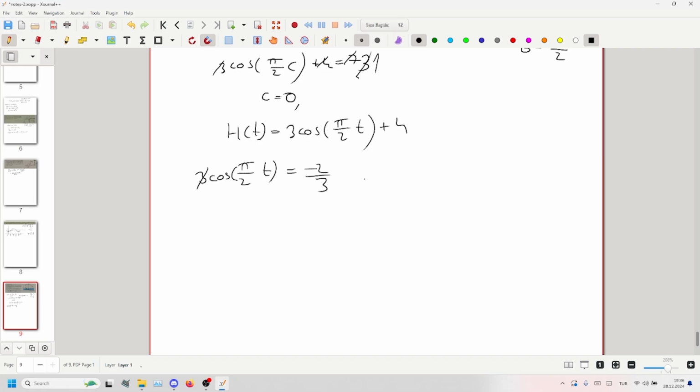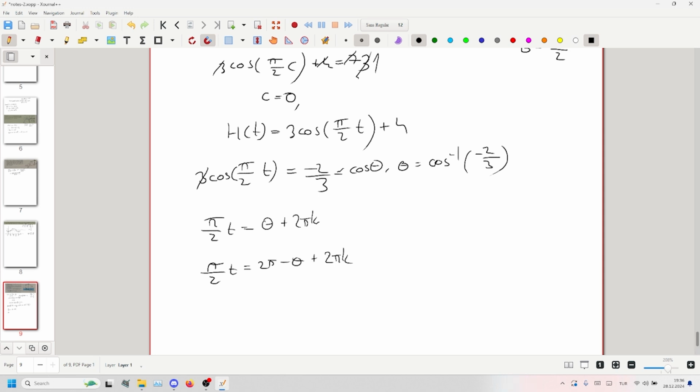So from this, this is going to be equal to the cosine of some theta, where theta is the inverse cosine of negative 2 over 3. So we can get from this that pi halves t is going to be equal to theta plus 2 pi k, and pi halves t is going to be equal to 2 pi minus theta plus 2 pi k.